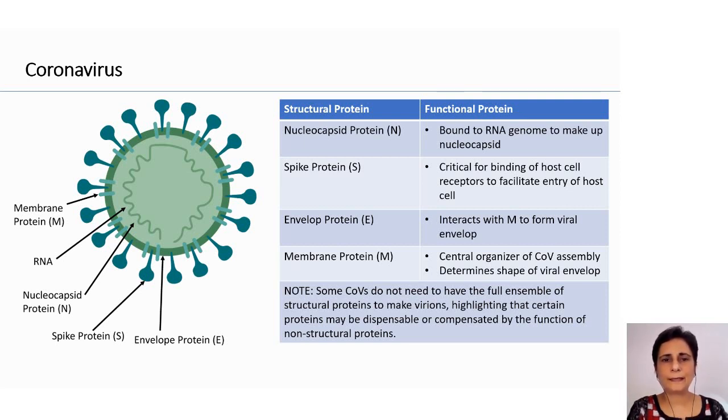Then we have the envelope protein, which interacts with the membrane protein to form the viral envelope. And the membrane protein determines the shape of the virus envelope and is the central organizer of coronavirus replication. When the virus gets inside cells, other proteins, which are called non-structural proteins, are also made, and it's possible to make an antibody response against these.